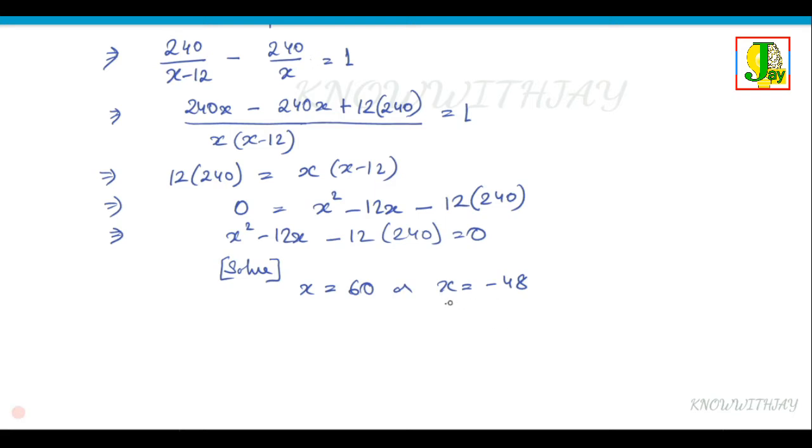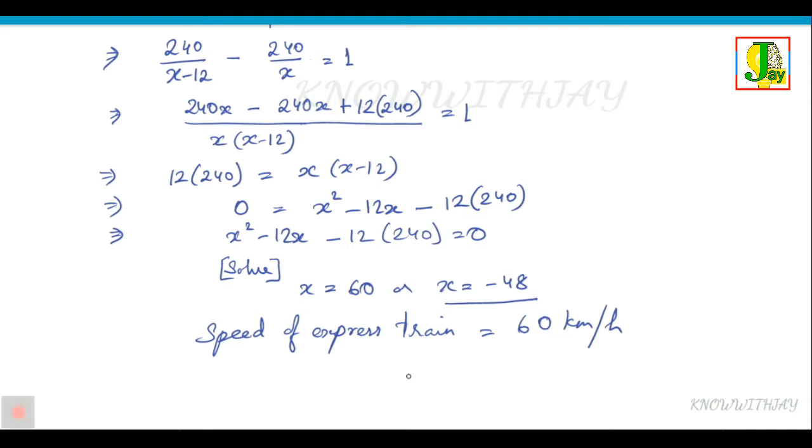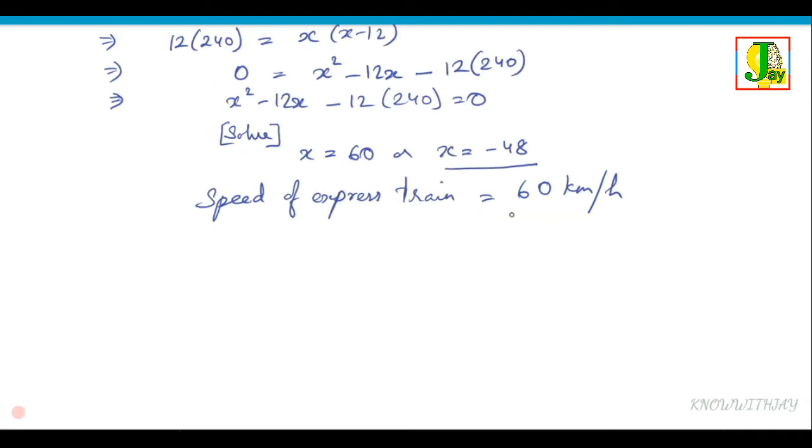So x cannot be negative. Speed cannot be negative. Hence, the speed of the express train equals 60 kilometers per hour. And this is your answer.